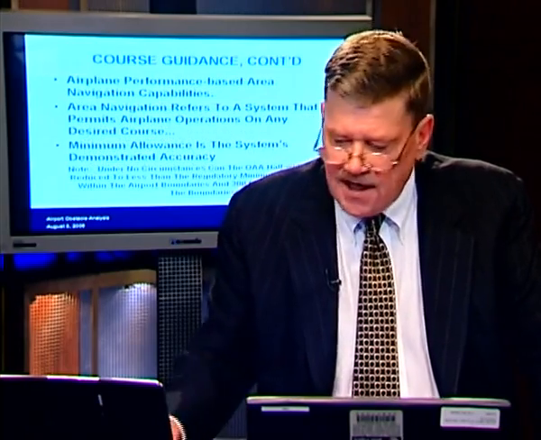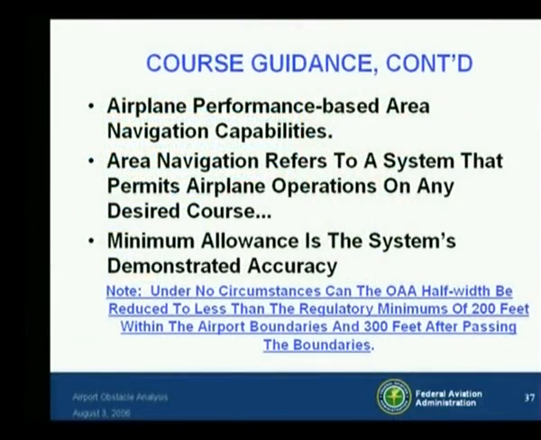And I like this next slide a lot. There's also an allowance for the airplane performance-based area navigation capabilities. Now we're getting into this century's airplanes and the next iteration of technology that's coming upon us, namely at RNP issues.